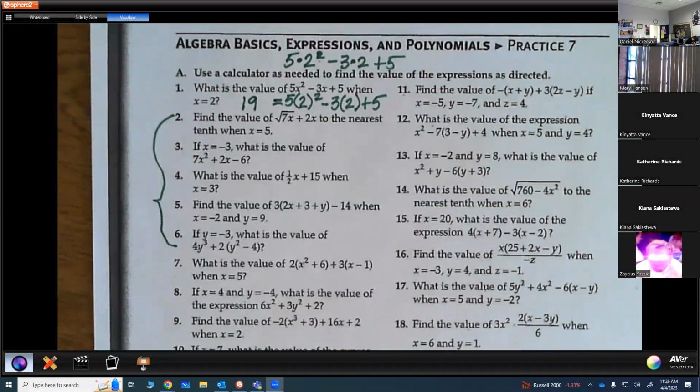Either put times or put numbers. That'll work, because you are multiplying them.